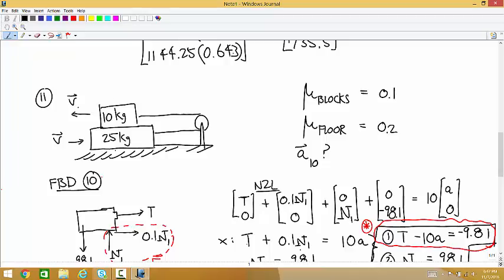Actually, they're both slowing down. Everything's slowing down because the velocity is in the negative x and the acceleration is in the positive x. So that's slowing down. And then for the 25, it's the opposite.